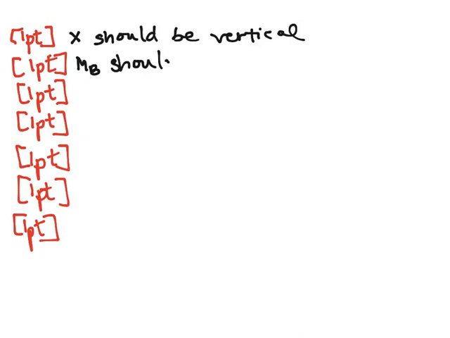Alright, in terms of points, in part A, there is 1 point for making x the vertical axis. There's 1 point for making MB your horizontal axis.